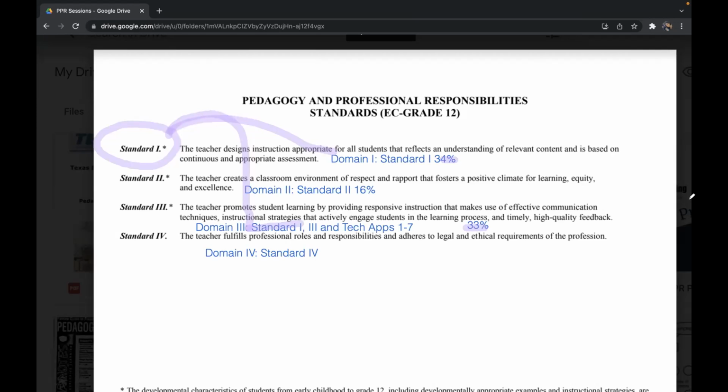But what's more important is that it's based on continuous and appropriate assessment. Our assessments drive instruction. I'm going to write that down.